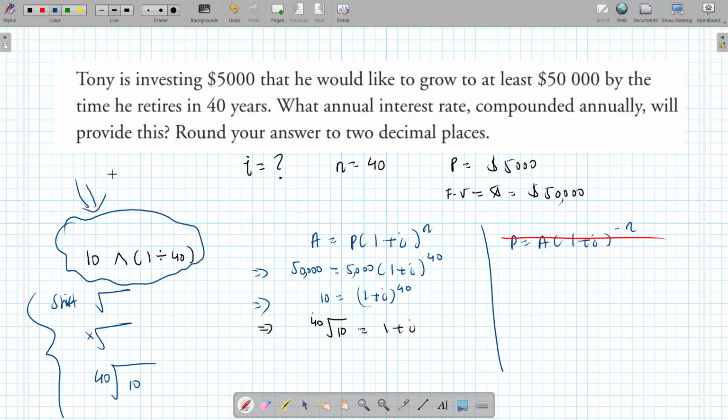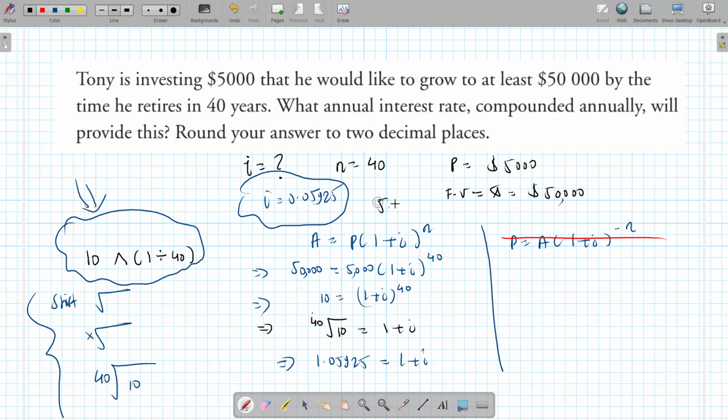So 10 to the power of 1 divided by 40 gives me 1.05925 equals 1 plus I. Now you just subtract 1. So your I is 0.059 or 5.9%. And that's the final answer, 5.925% if you want.